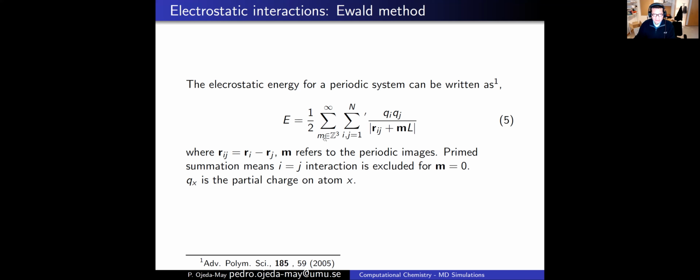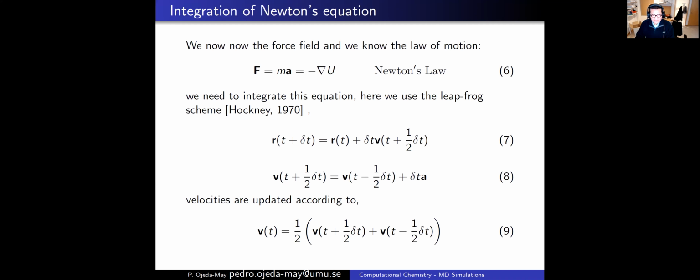And it seems that this summation is not well defined if you don't use the correct scheme for the summation. So it depends on how you do the summation here. It's quite tricky to do this energy computation, and there are several methods to solve it.